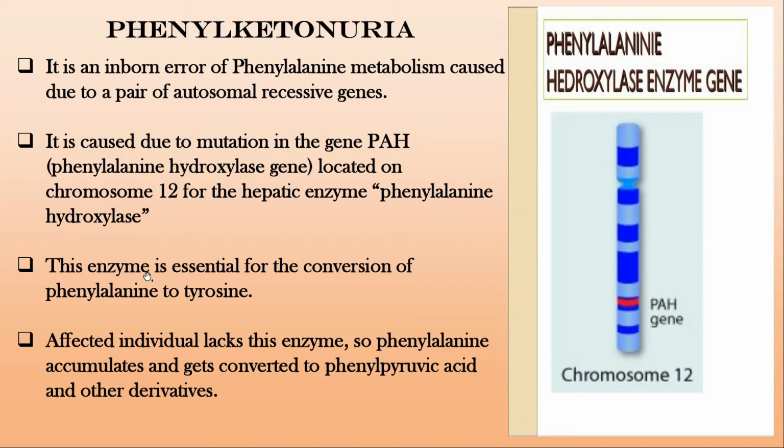This enzyme is essential for the conversion of phenylalanine to tyrosine. If the individual does not produce this enzyme, the phenylalanine will accumulate in the cell and get converted into phenylpyruvic acid and other derivatives.